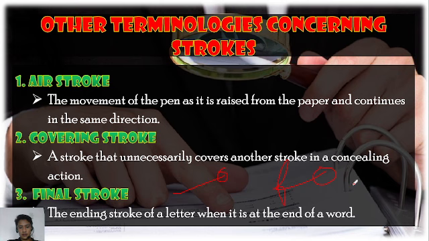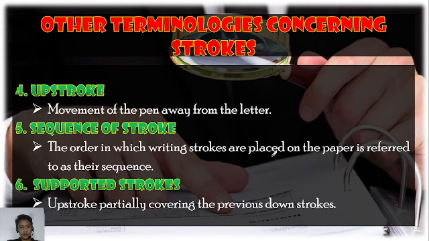And we have here also upstroke. Of course, those strokes that move towards or away from the writer. Move the pen away from the letter, or away from the writer. Papunta sa or papalayo, if we are writing it on a paper.